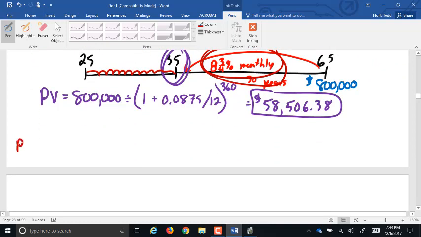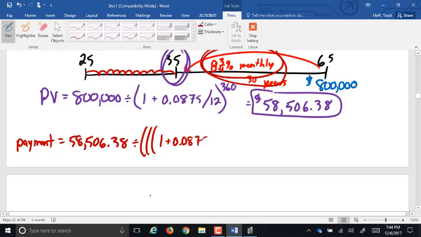The payment formula, our future value is the 58,506.38 divided by 1 plus 0.0875 divided by 12 to the power of 120.